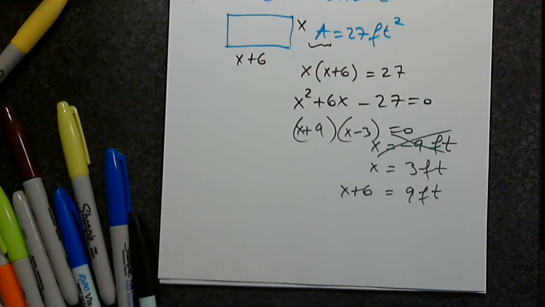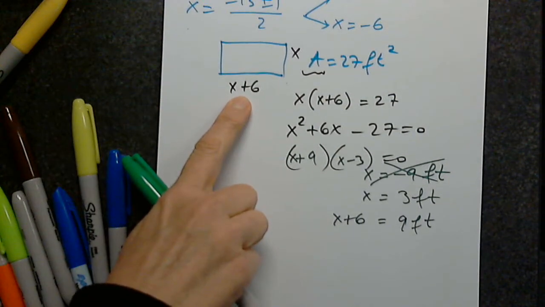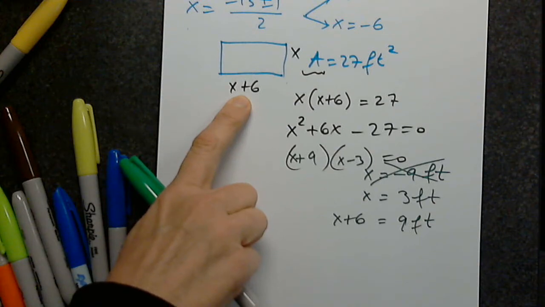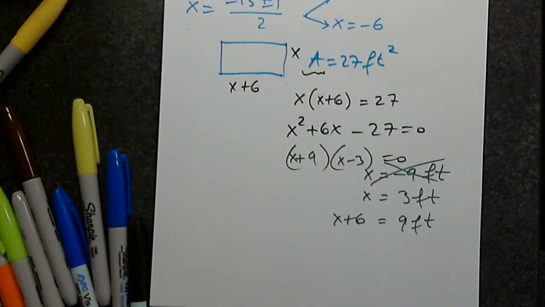Because I don't understand how you got the x plus 6. Its length is 6 feet longer than the width. You have an unknown number of dollars in your pocket, and I have 6 more than what you have.